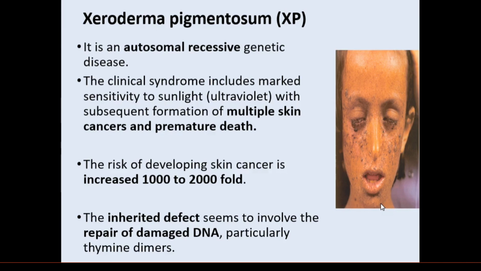The risk of developing skin cancer is increased 1000 to 2000 fold. The inherited defect seems to involve the repair of damaged DNA, particularly thymine dimers. Thymine dimers are eliminated from the DNA by a nucleotide excision repair mechanism.